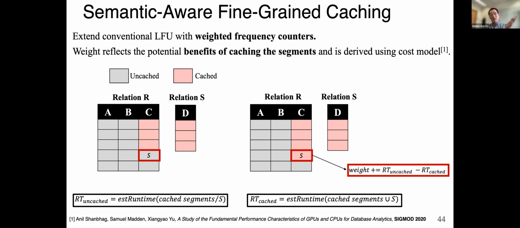So if there is a join column that is never accessed or very rarely accessed, it will still have a lower overall weight, so it may still not be cached. This takes into consideration both semantics and frequency.